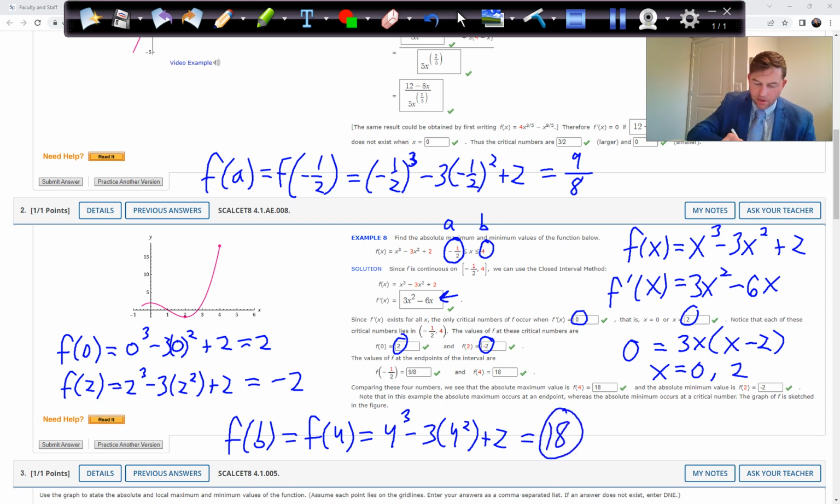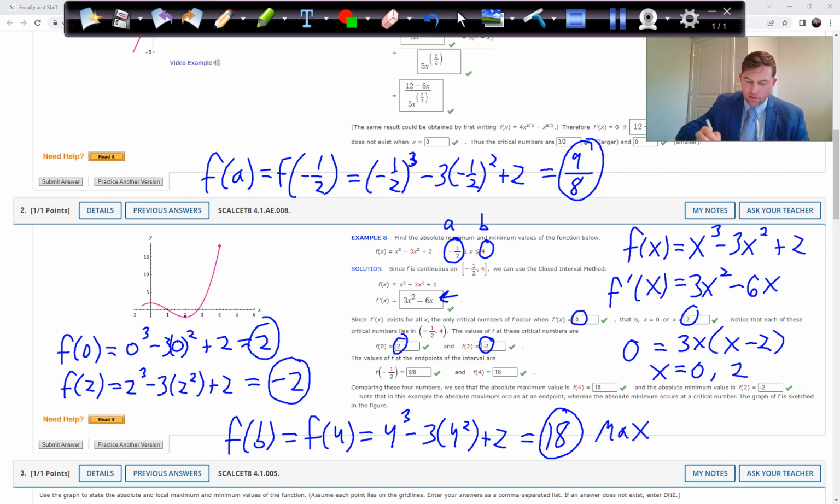Now we have to compare these four numbers. Now we say, what's the biggest, what's the smallest? Well, this is the biggest, the max, and this is the smallest, the min. So we're going to say this has a maximum value when x is 4 and the value is 18. It has an absolute minimum when x is 2 and the actual y value is -2. So that's pretty common.